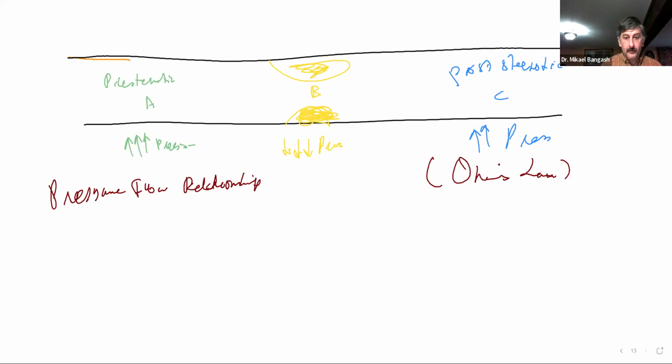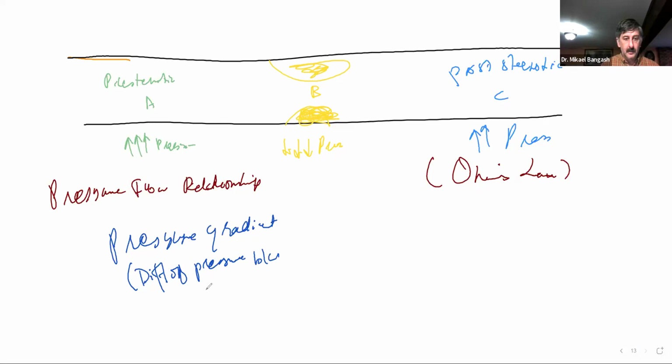Now, what they will say is that your pressure gradient. All of this pressure gradient here is just the difference of pressure between two points.